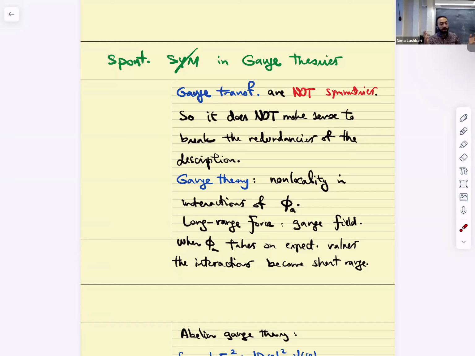What goes on in spontaneous symmetry breaking is that these phi's acquire one-point functions, vacuum expectation values. You still have these non-local features. But if you insist on locally representing them, the gauge fields that you introduce are now first massive, and second, short range. They're no longer long range. Is that clear? So physically something is going on. It's not a symmetry that we're breaking.